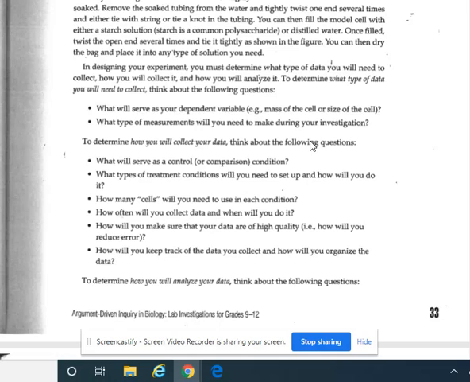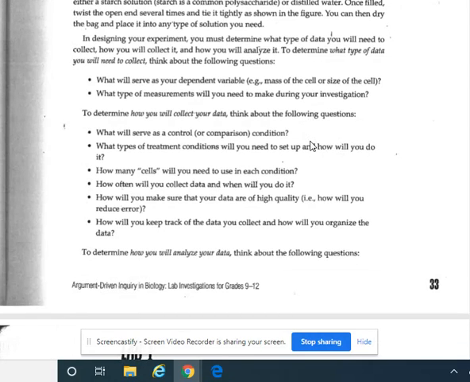How many cells will you need to use in each condition? How often will you collect data and when will you do it? How will you make sure your data are of high quality? Meaning, how will you reduce error? How will you keep track of the data you collect and how will you organize the data?